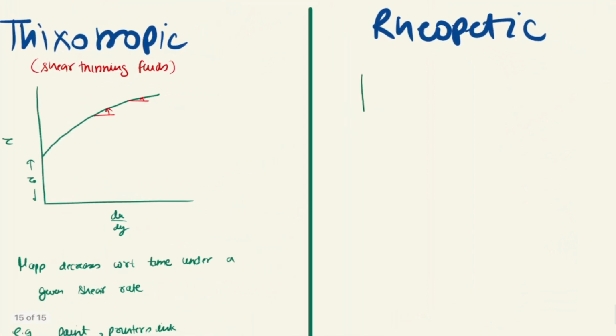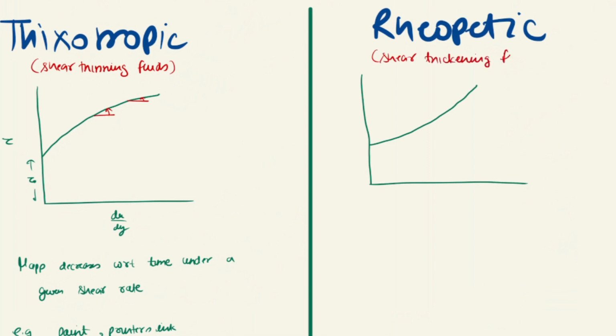Now we are coming towards rheopectic fluids. The graph is like this. So we can say that they are shear thickening fluids, since we can see that the slope is increasing at increased value of shear strain. So this was tau, this was du by dy, and this is tau naught, the yield stress.